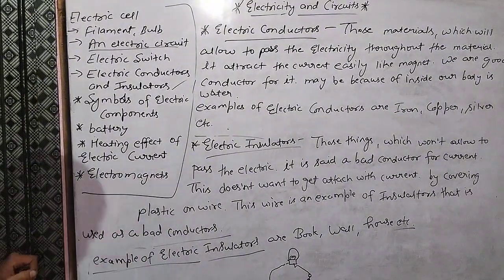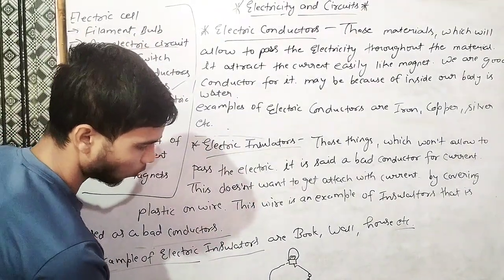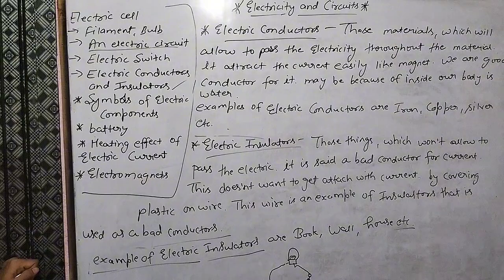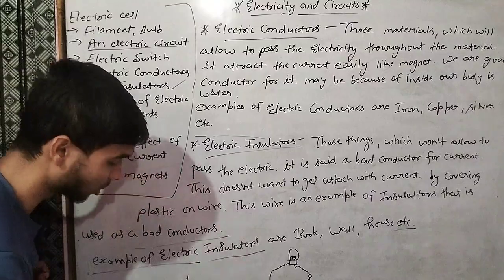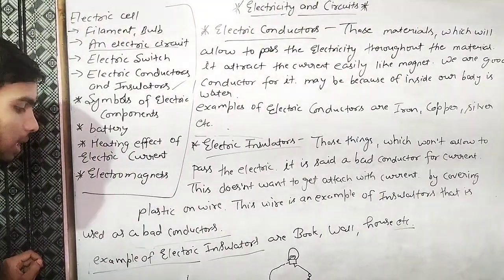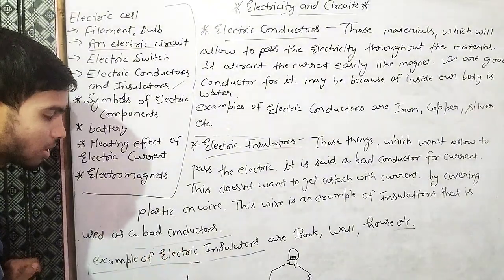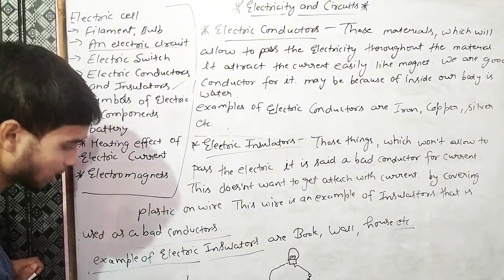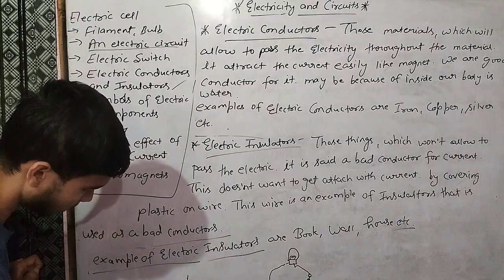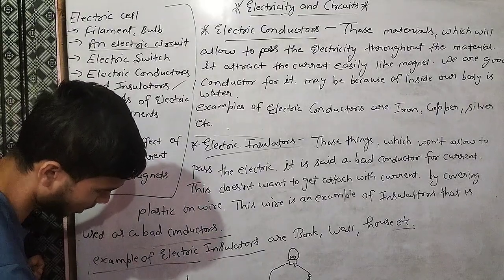First of all, symbol of electric cell. Let's understand. One side is the positive terminal and one side is the negative terminal. So the thin, long line will indicate the positive terminal. Clear?